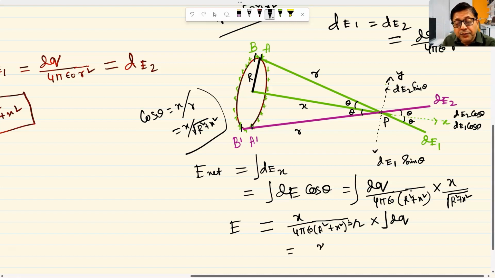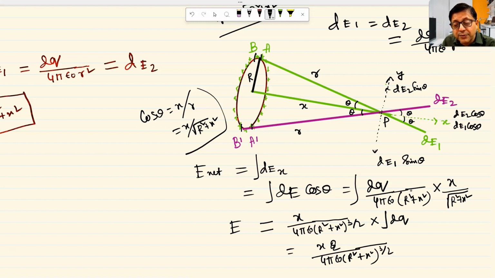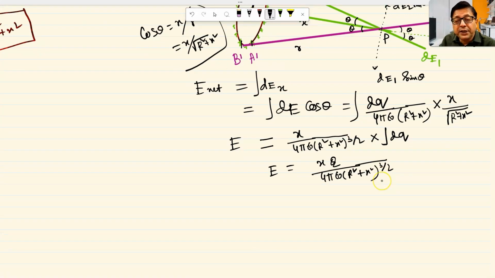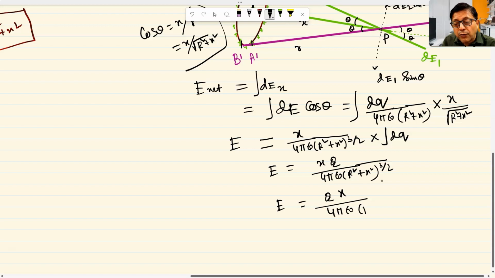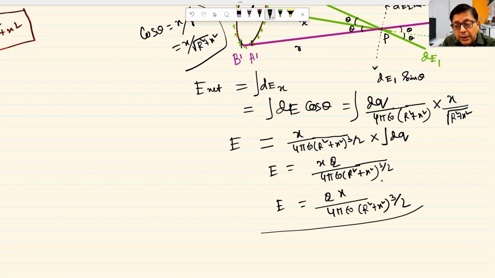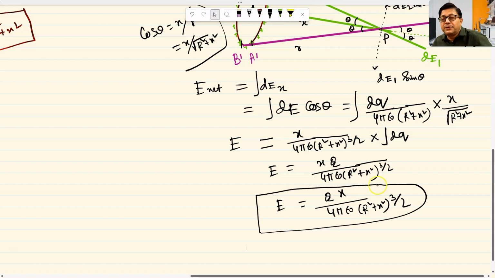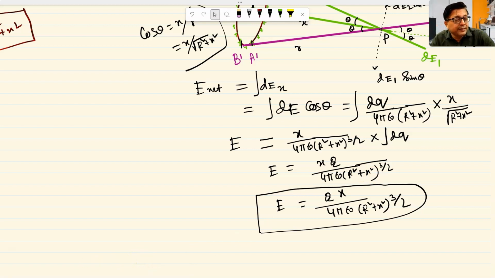It will have the same value which is equal to q. So the value of E is equal to qx by 4 pi epsilon 0 into r square plus x square to the power 3 by 2. This is the expression for electric field on the axis of a charged circular ring.